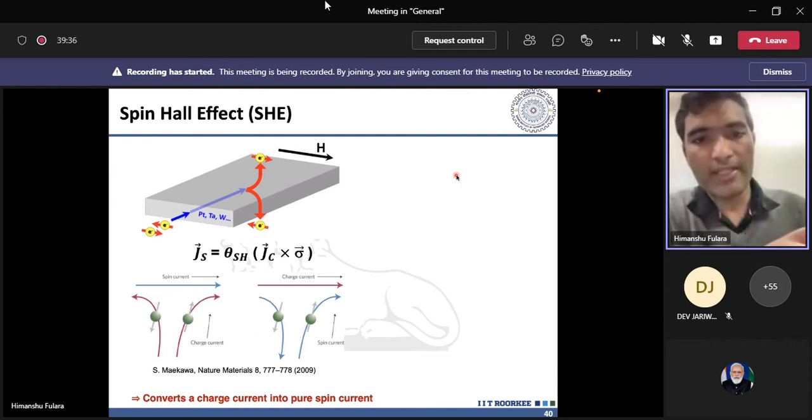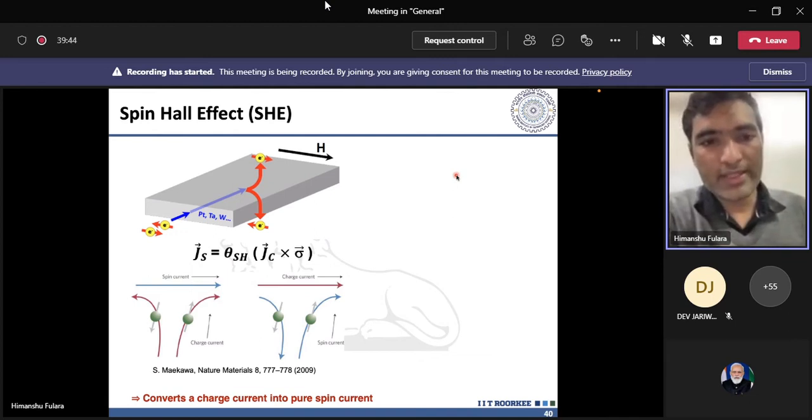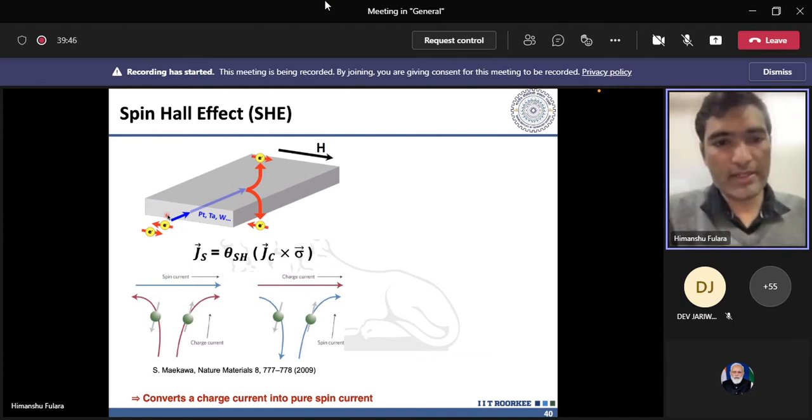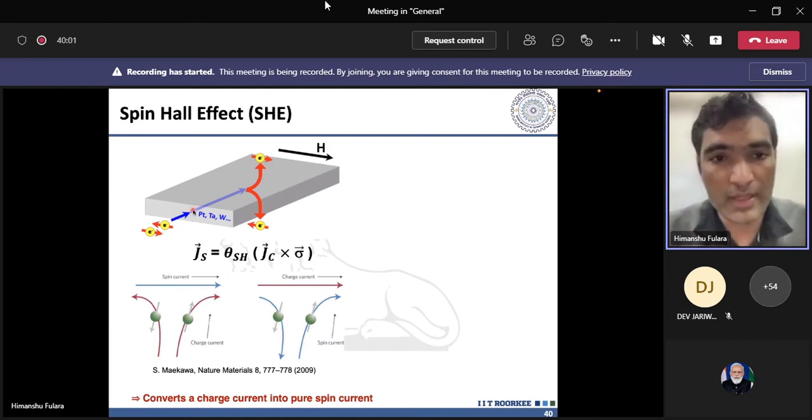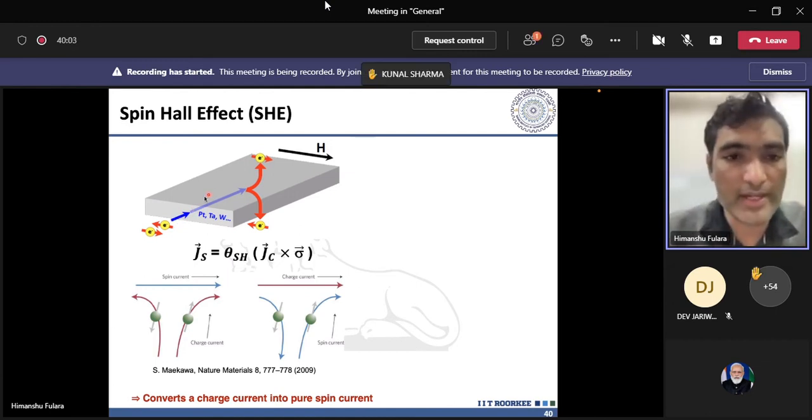So this spin Hall effect is quite similar to the Hall effect which you have studied in your 10+2. In spin Hall effect, you inject a charge current. So this is your charge current. You inject this charge current into certain materials, certain non-magnetic heavy metals. And when I say non-magnetic heavy metals, it is because the heaviness of this material determines the spin orbit interaction in this layer, and the higher the spin orbit interaction, the better is the conversion to spin current.